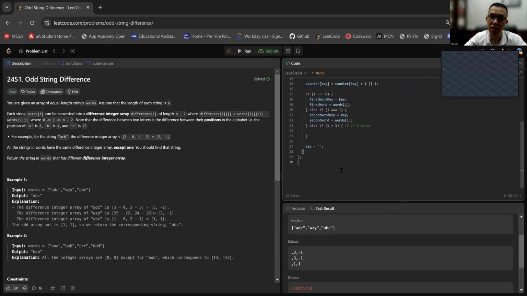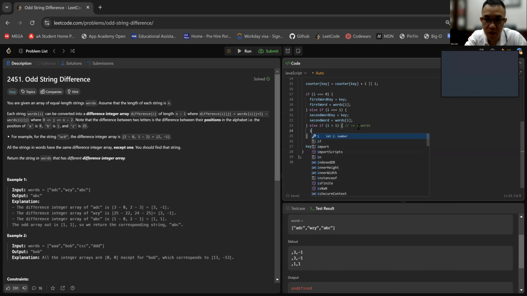Which means we are ready to look for the word with a difference, because we cannot find the difference if we have less than three words. If we have at least three words, we are ready to look for a word with a difference.